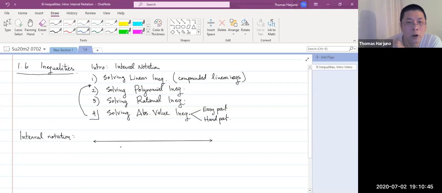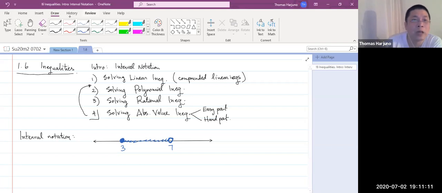Suppose I start from 3, including 3, up to, let's say, 7, not including 7. Now, in high school, maybe you use open circle, closed circle, right? Closed circle means you include the endpoint. Open circle means you do not include the endpoint.